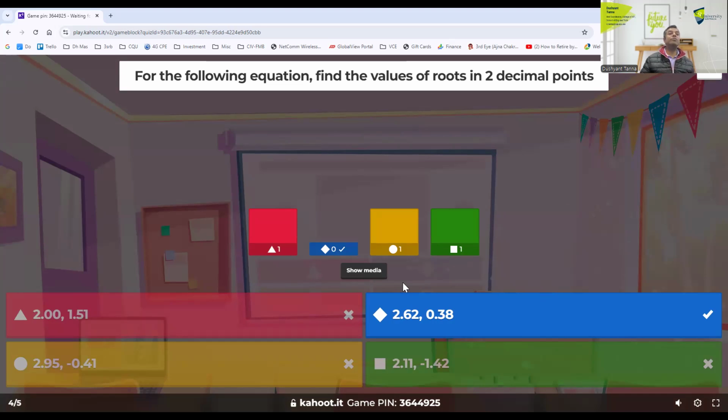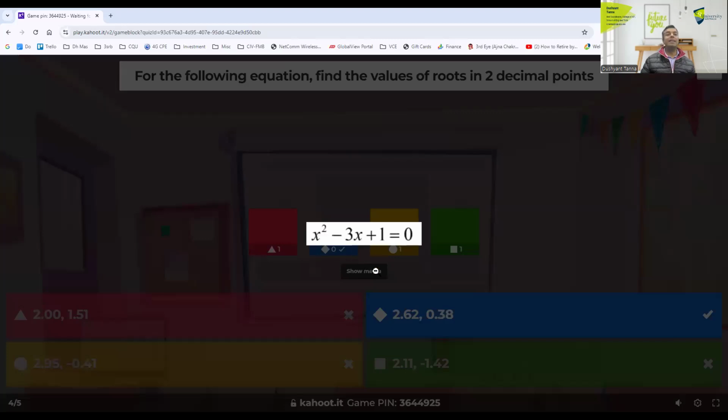Root or factor or solution is the same thing. Minus b plus or minus square root of b squared minus 4ac, over 2a. Let's do it in our brain. It's not difficult. Just hear me out. B is 3, so minus b will be plus 3. Plus or minus the square root of 9 minus 4, which is root 5. So 3 plus or minus root 5 over 2. That is 3 over 2 plus or minus root 5 over 2.